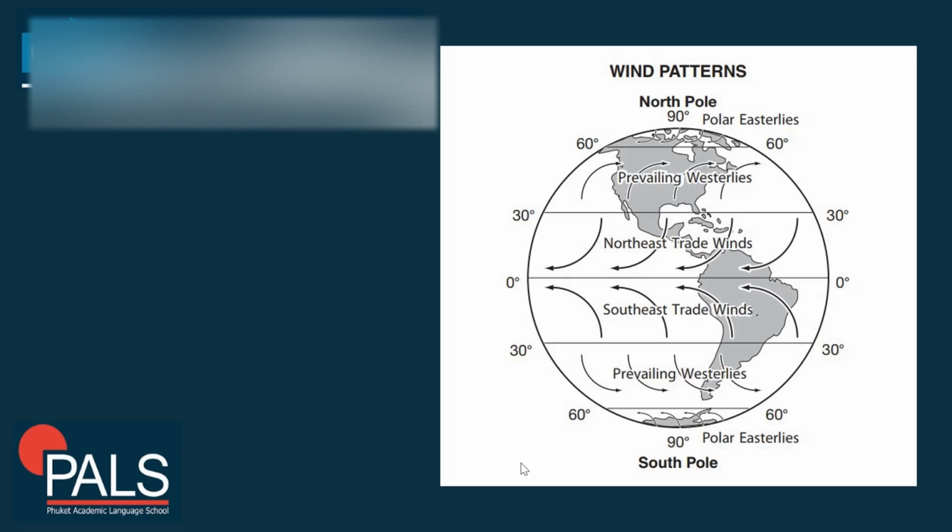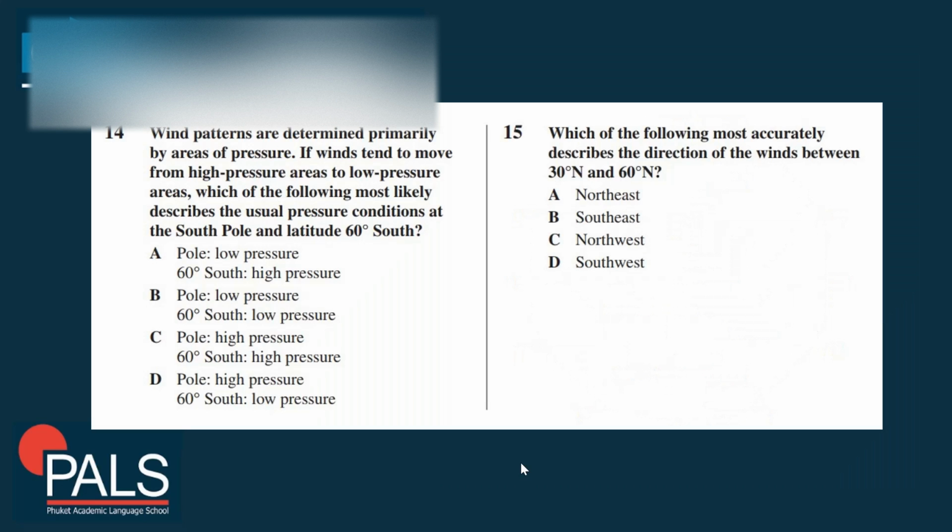You can pause the screen, look for 60 degrees latitude south. There's not much thinking here. You just identify the numbers and where they are placed in the diagram. It's D. The pole of high pressure, 60 degrees south, low pressure.